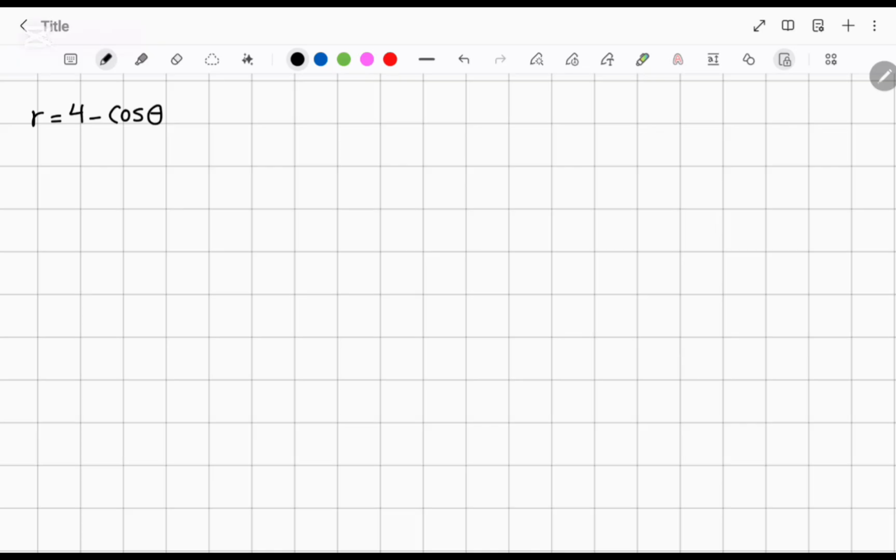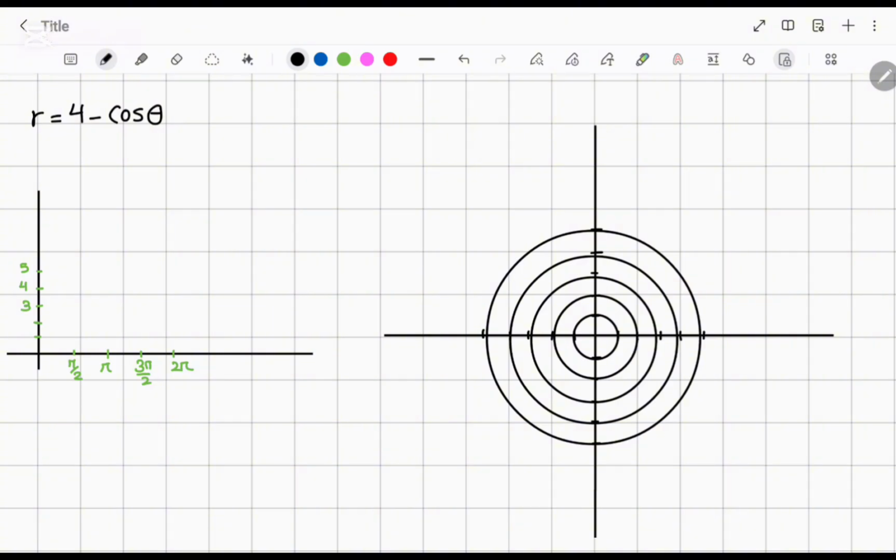So first of all, I'm going to graph it. I'm going to go and come back with the coordinate planes. Ta-da! Here we are with the coordinate planes. So I'm going to write this in terms of a rectangular coordinate plane with x and y. So the midline is going to be 4.